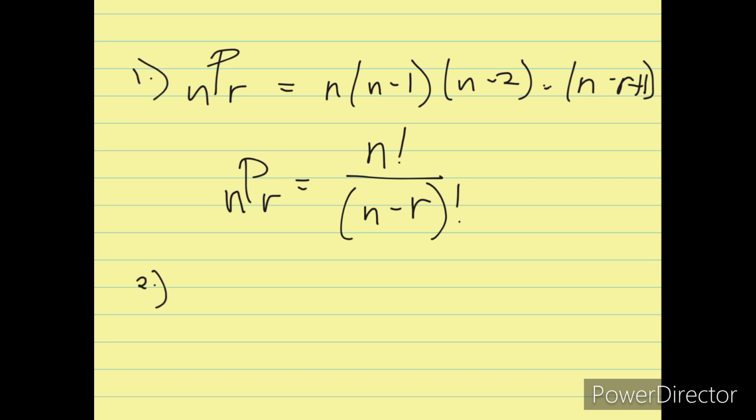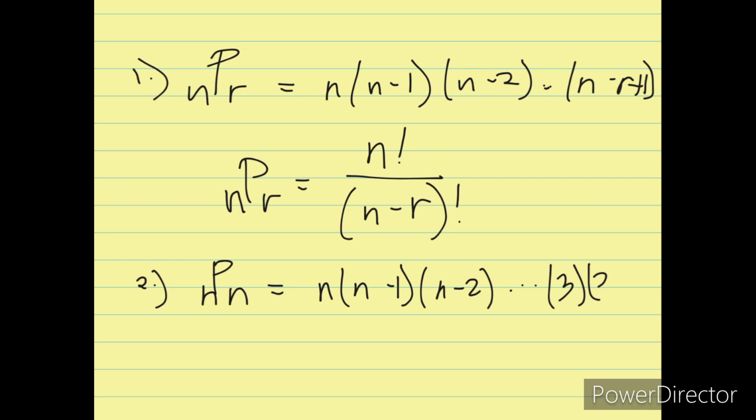Then, the second formula is the permutation of n things taken n at a time, given by n times n minus 1 times n minus 2 and so on times 3 times 2 times 1, which is equal to n factorial.